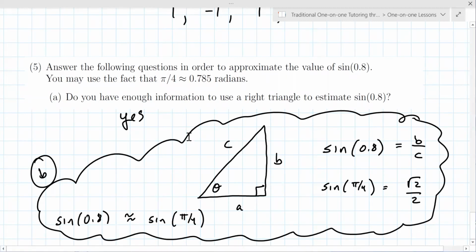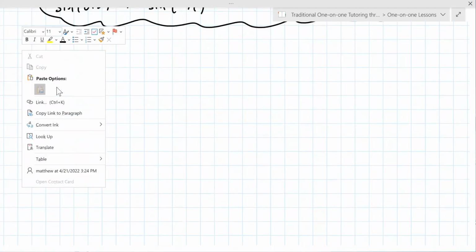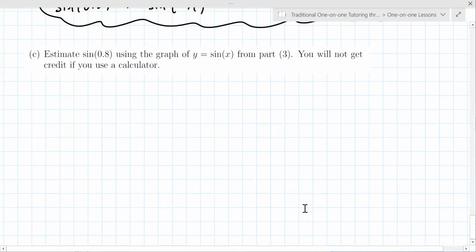All right, so part C. I gotta grab a couple snips here. Estimate it using the graph. I'm gonna go back and grab the graph that we had from before.